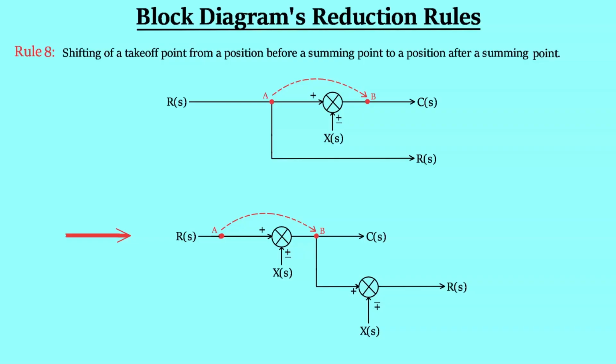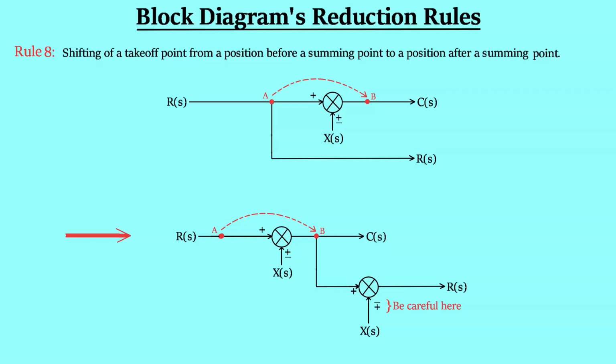Shifting of a takeoff point from a position before a summing point to a position after a summing point. If that case arises, you have to introduce another summing point and you have to be careful about the sign of the comparator. If we are having originally the positive sign, then we have to introduce a negative sign, and when we were having the negative sign, then we are supposed to introduce the positive sign.